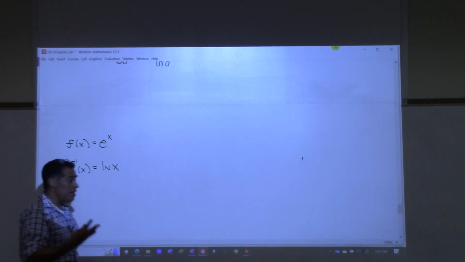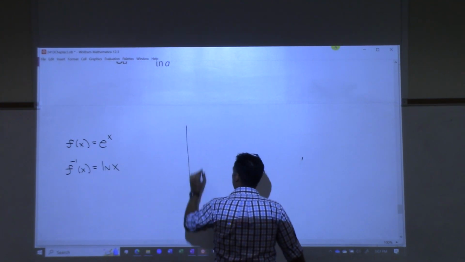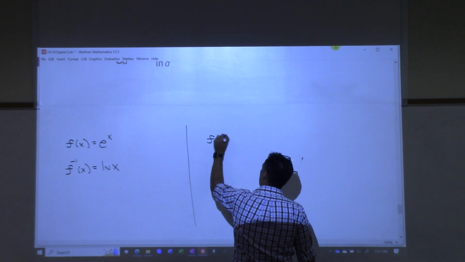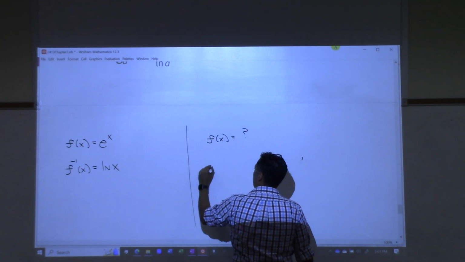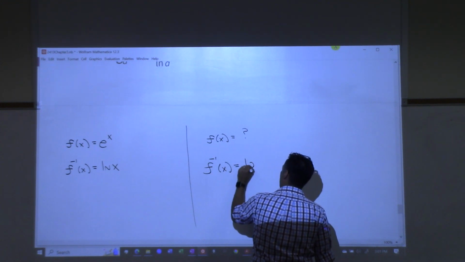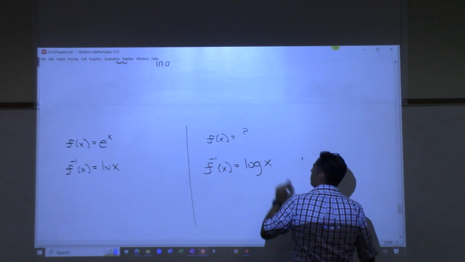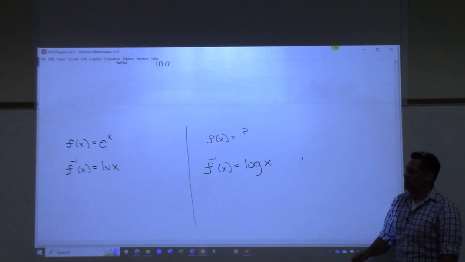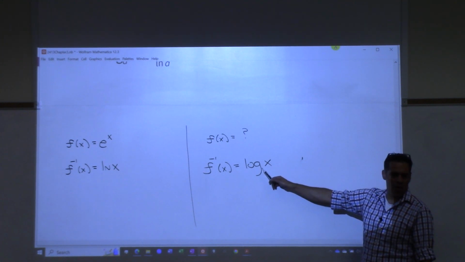Then there was this other one, okay? This other function over here that I'm not going to say what it is, but its inverse is that other key that most calculators have, log of x. Who knows what the base of this log is? 10. It's base 10.